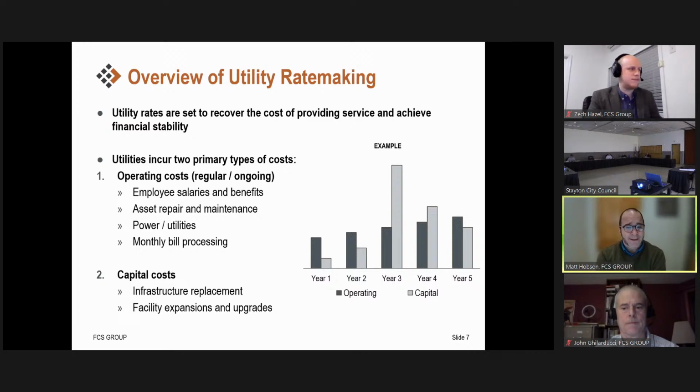Those costs are typically predictable over time. They may grow with inflation, but they're typically more predictable and constant relative to the other types of costs, which are those capital investments that we make on an annual basis, but they may be volatile over time. They may include replacing existing infrastructure as well as building new investments to respond to growth or regulatory pressures.